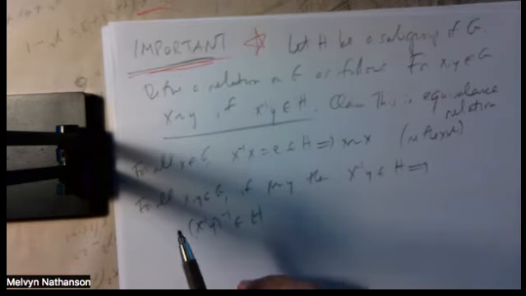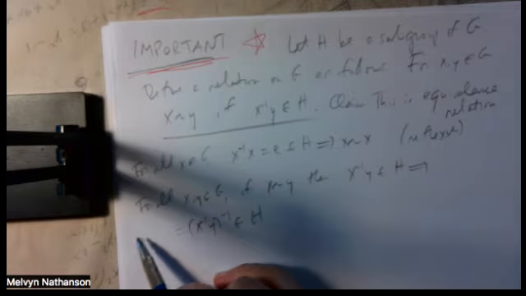And the inverse of x inverse y is y inverse x. In general, the inverse of AB is B inverse A inverse. It interchanges the order.